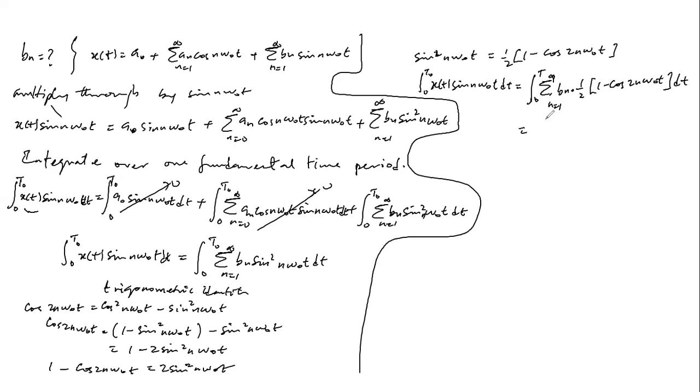So this is going to give us bn over 2 times the bracket of t minus sine 2n omega t divided by 2n omega naught, from 0 to t naught. So this again reduces to 0. So we have bn over 2 times t naught, right? This is t naught.